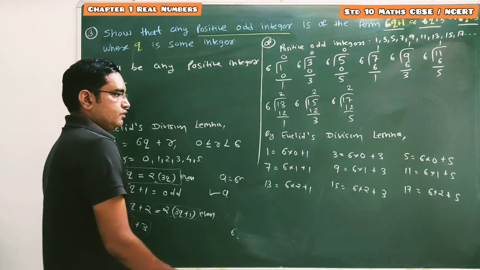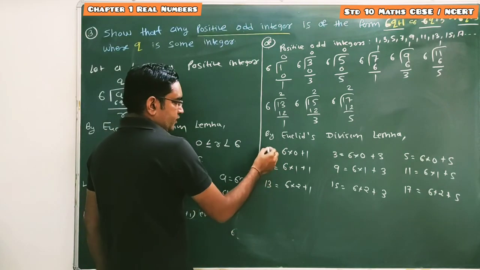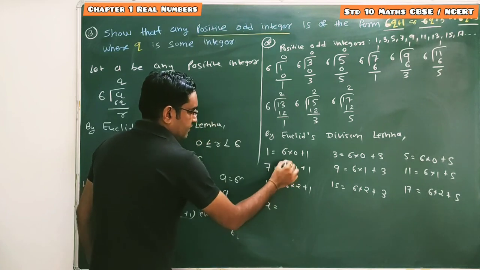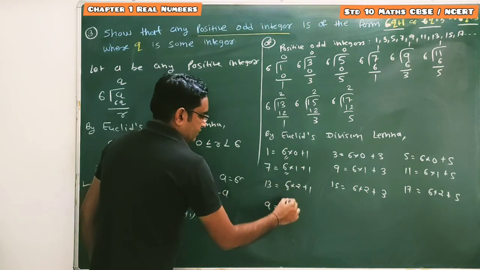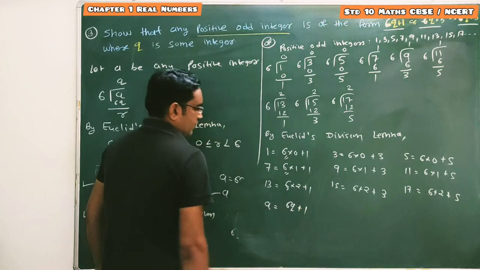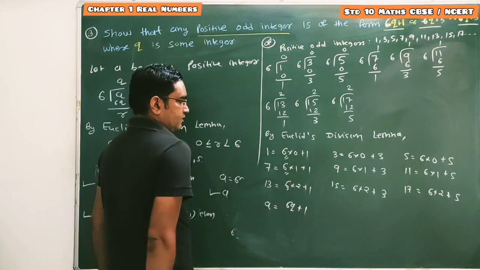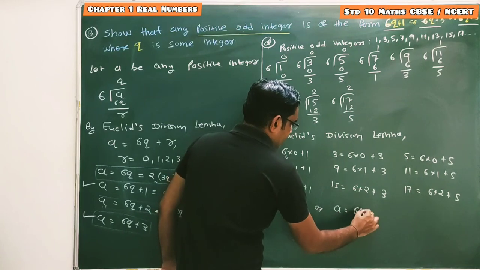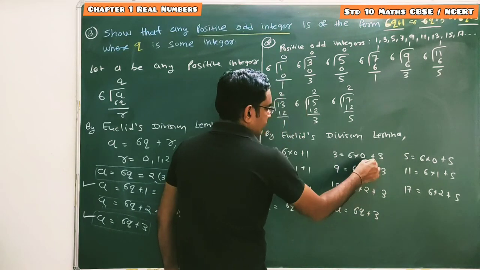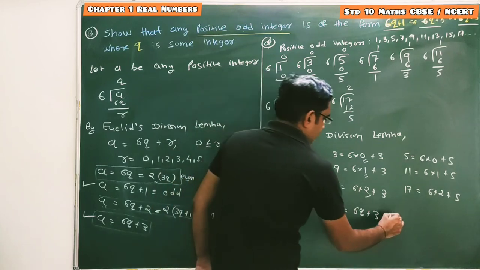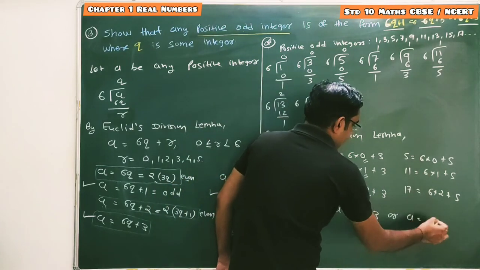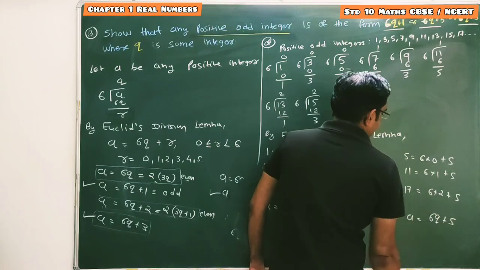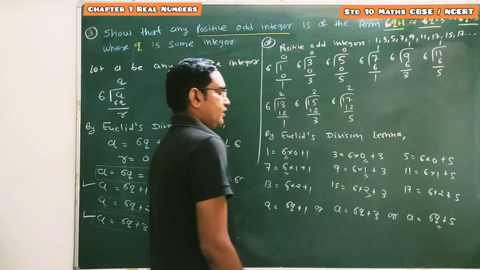Done. So here we can say these positive odd integers 1, 7, 13 are written as 6q plus 1, where q is some integer, or they can be written as 6q plus 3, where q is some integer, or these positive odd integers can be written as 6q plus 5, where q is some integer.